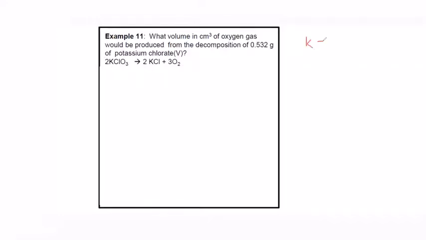Potassium 39, chlorine 35.5, oxygen 16. What could be the answer? Solve this and mention the answer in the chat.